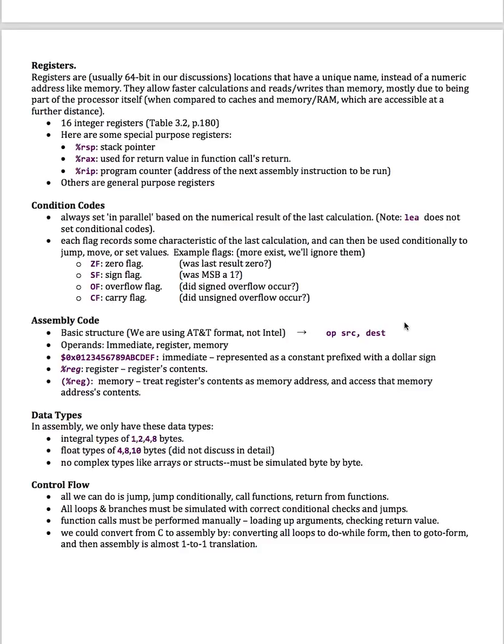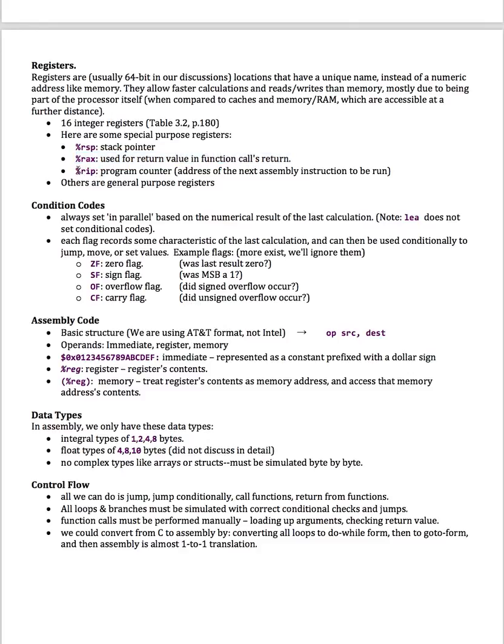Among them, there were some special purpose registers like RSP, as shown here, which is the stack pointer, in other words, a pointer that points at the top of the stack. We also had another special purpose register called RAX, which is used specifically to store return values.